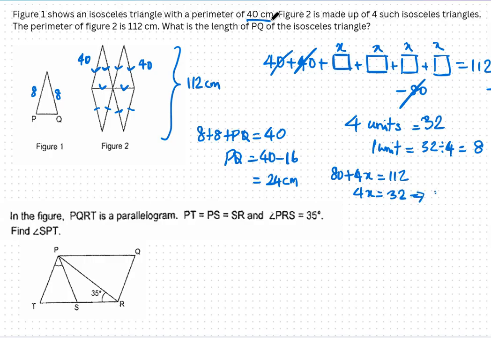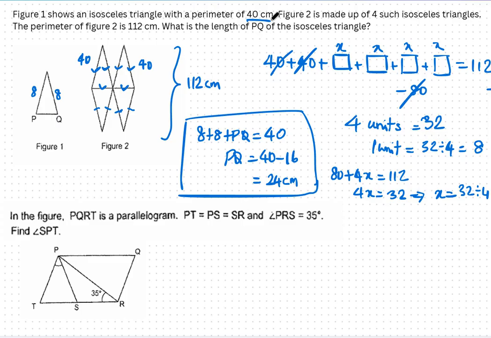So x is equal to 32 divided by 4, which is again 8, the length of this side we have marked here. The rest of the solving is the same: 8 plus 8 plus PQ is equal to 40, so PQ is 40 minus 16, which is 24 centimeters.